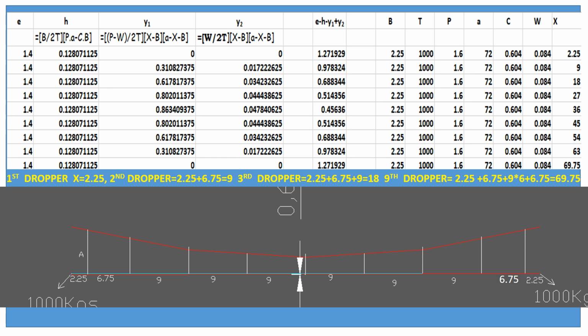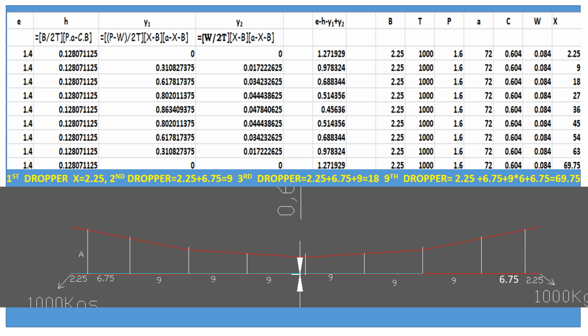After placement of the first dropper, the A dropper, most of the weight of the conductor is transferred to the catenary through these two A droppers at both ends. The remaining weight is W. W for a 72 meter span is 0.084 per meter.